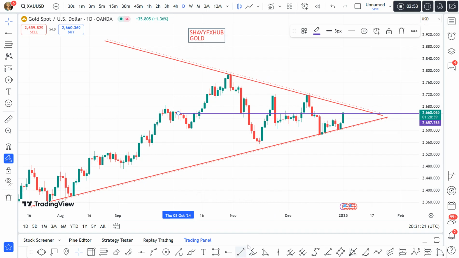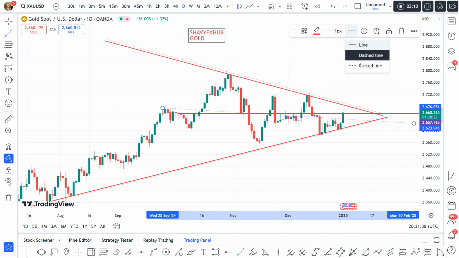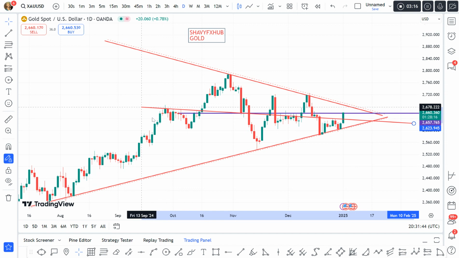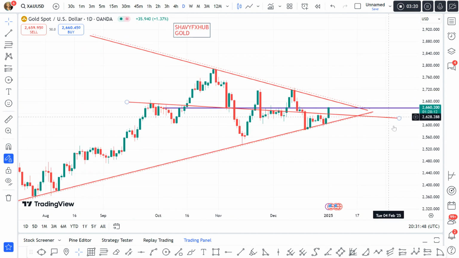Now, when we look critically, you can see the structure. We have a clean breakout structure here.